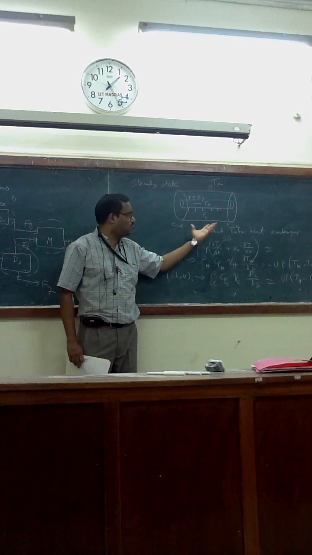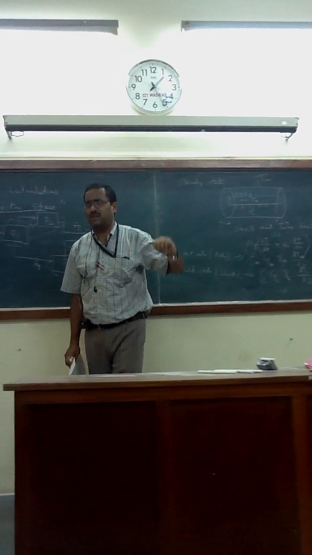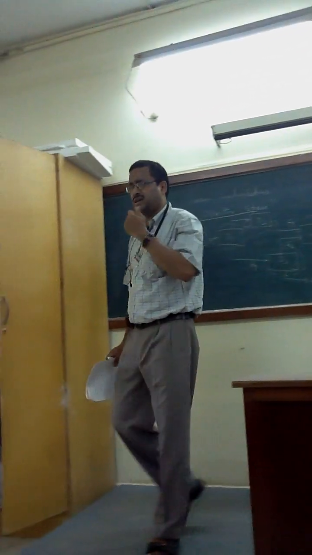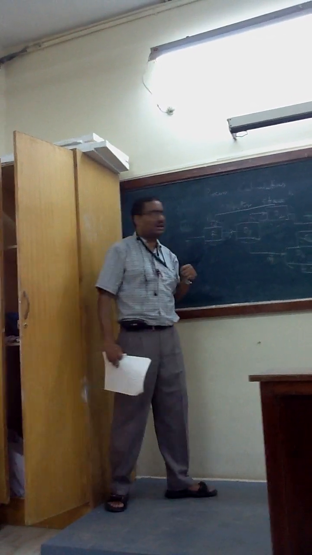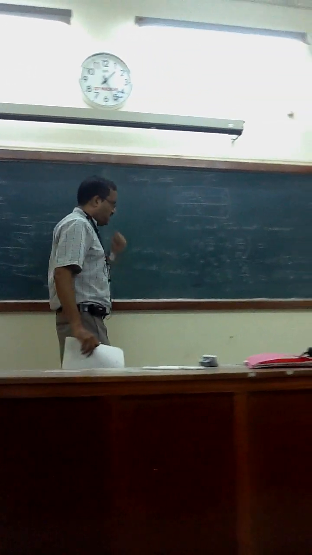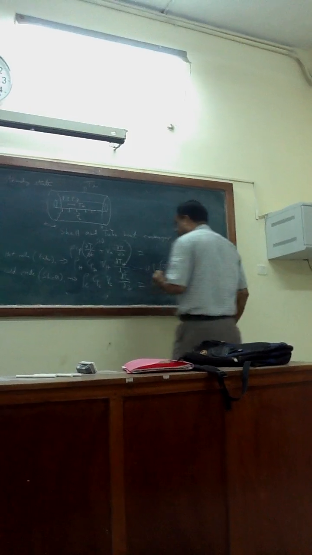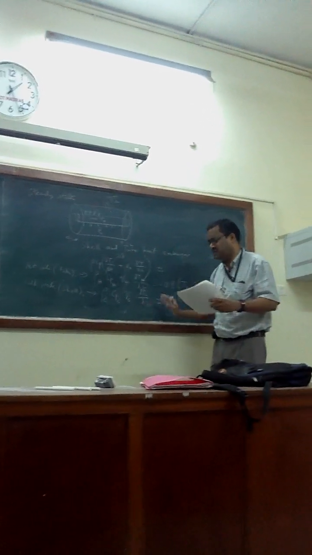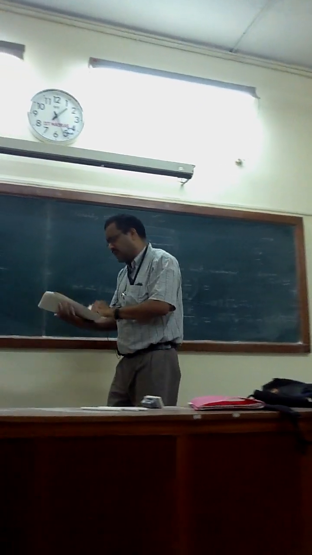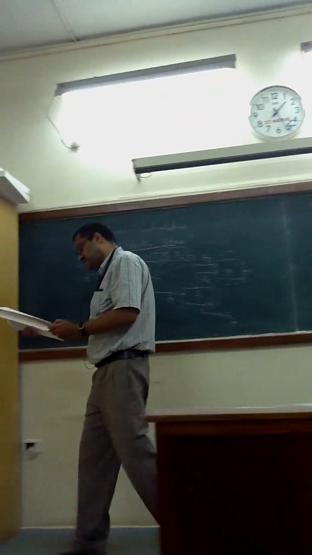This is not something new. It has already been seen in the heat transfer subject, in Kant's book and so many books. My question is, all these properties are known: hot fluid density, hot fluid CP, Q and everything. Those things I will supply, so it's not an issue at all.